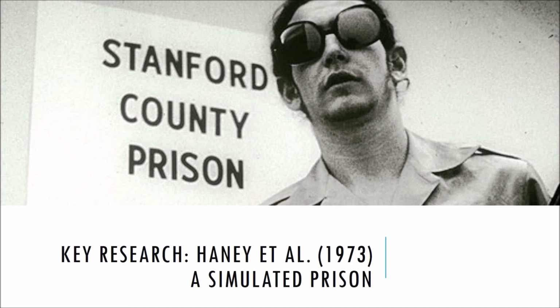And in an adjacent wing of the building, there were rooms for the guards, a bedroom for the superintendent of the prison, which was Philip Zimbardo, one of the researchers, and a warden, who was one of the research assistants. And there was the interviewing room as well.